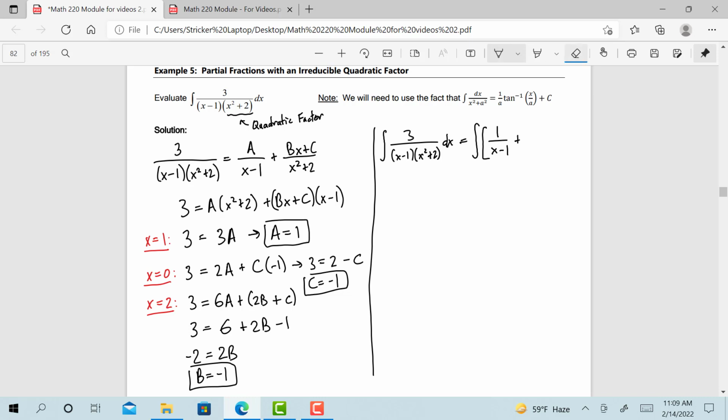So rather than writing it with a plus, I'm going to write this as a minus, and then you basically have x plus 1 over x squared plus 2.